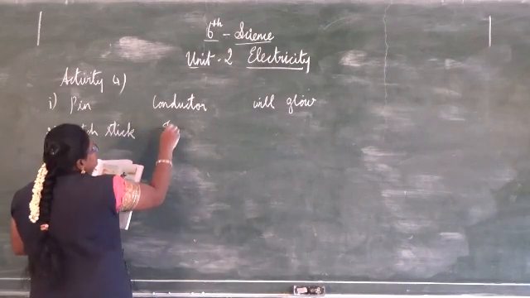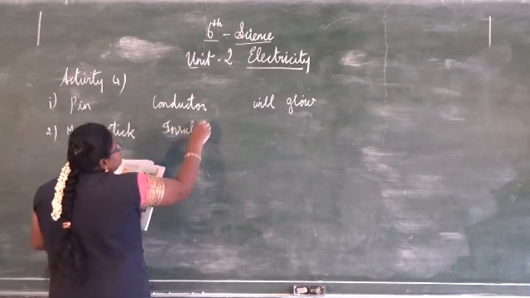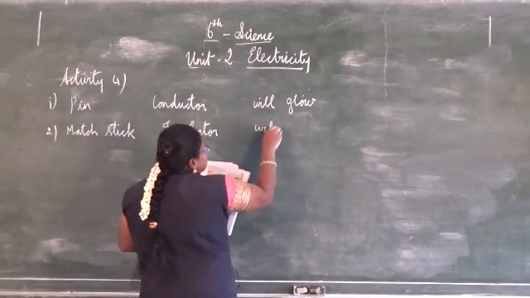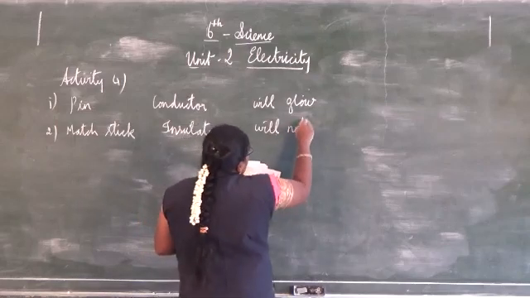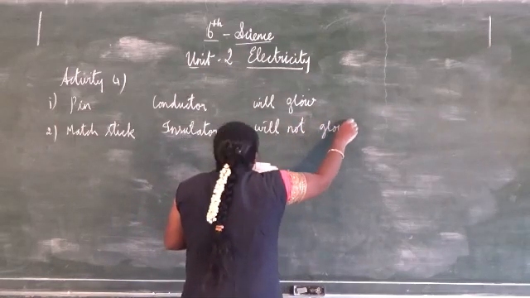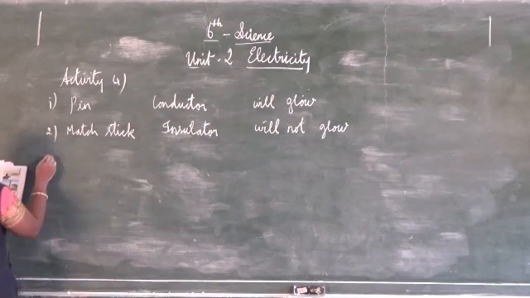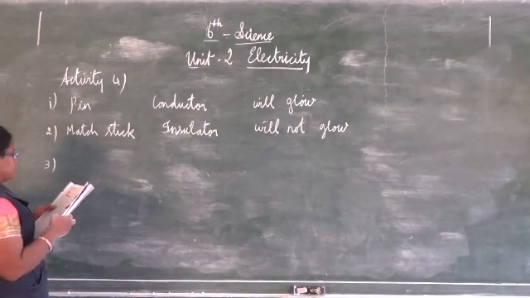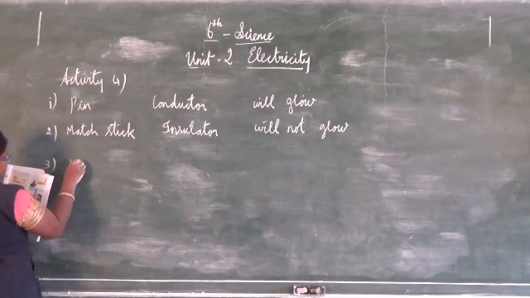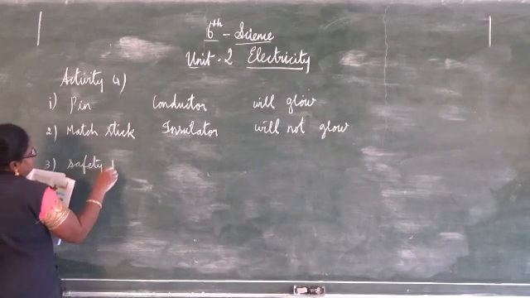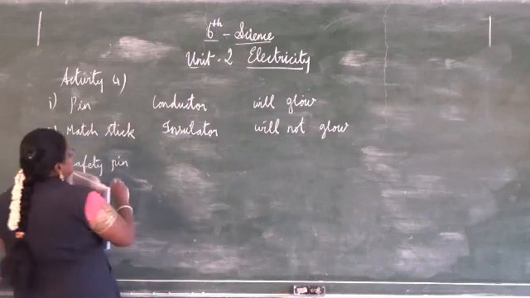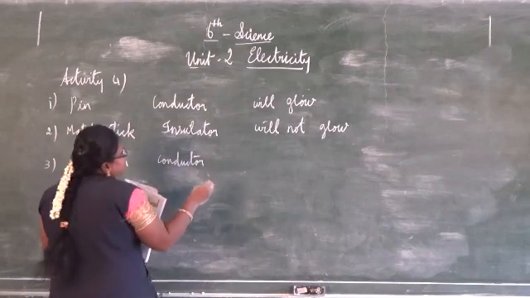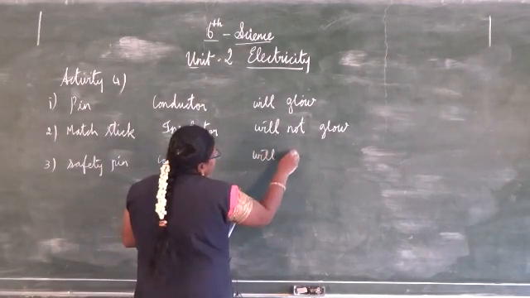It is an insulator, so obviously the bulb will not glow. Next, the third one is a safety pin. It is a conductor, so the bulb will glow.